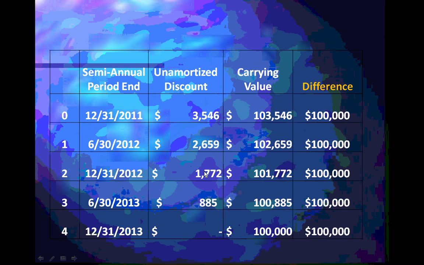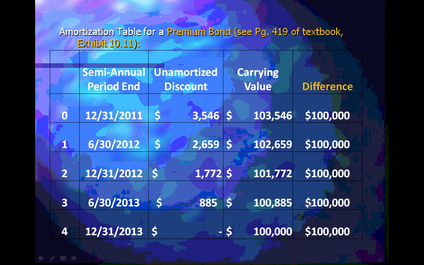And at the last one, you can see that there's a rounding of 2. If I take 887 away from 885, I'd get a negative 2 here, but I've corrected for that. It's a rounding error. Okay, but that's the difference between a discount and premium.